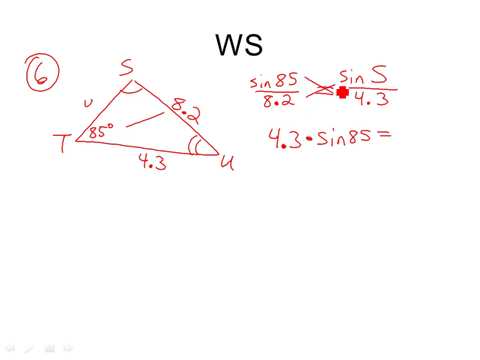Then we do this way: 8.2 times sine of S. Now we're trying to get this variable, sine of S, by itself. If you're multiplying by 8.2, how are you going to get rid of that? Divide by 8.2. So you divide this side by 8.2, divide this side by 8.2. These over here cancel out, and you're left with just sine of S.